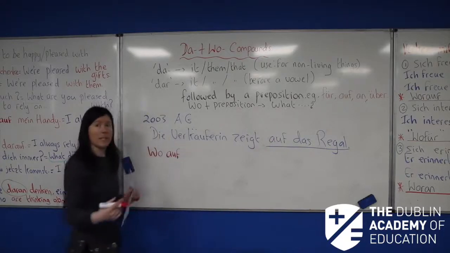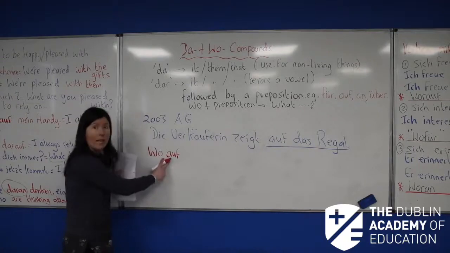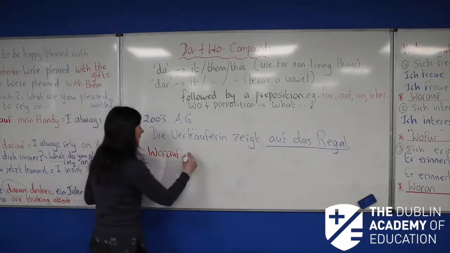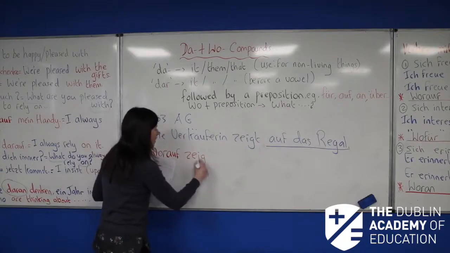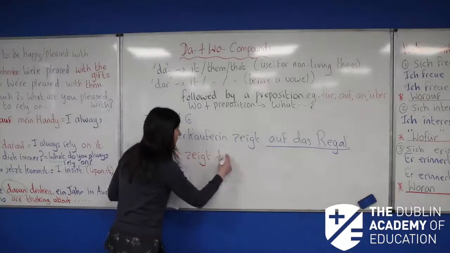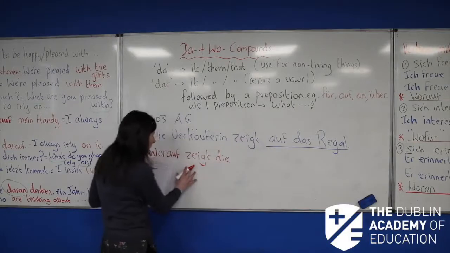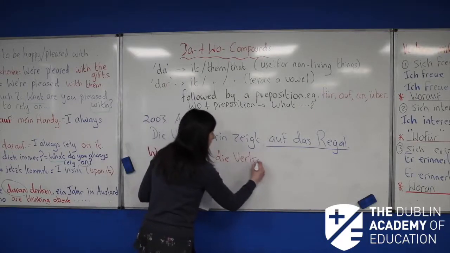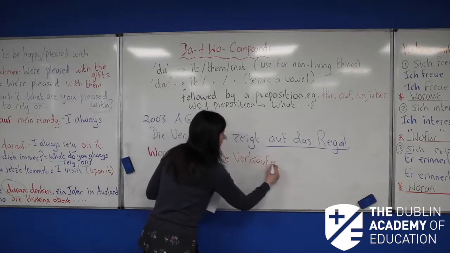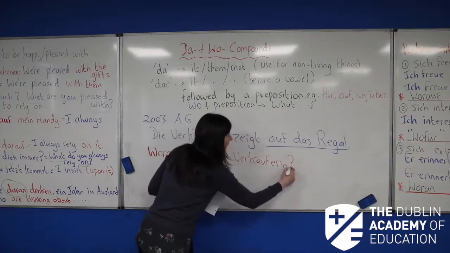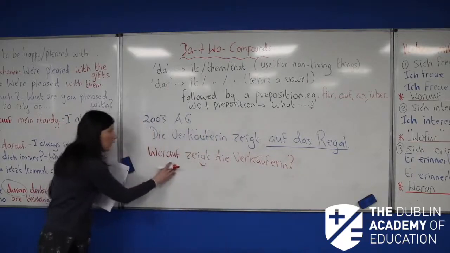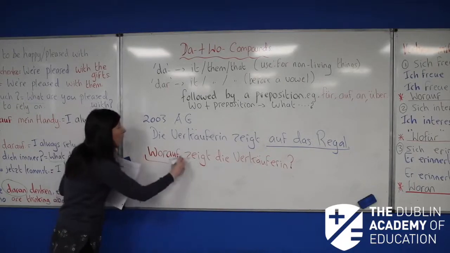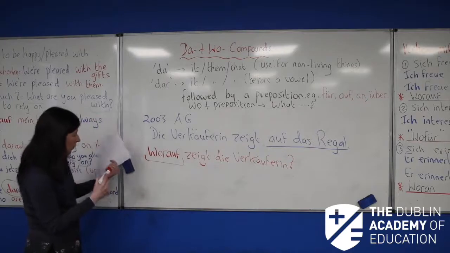Then I have to ask myself, okay, it starts with a vowel. Do I need to put in an r? Yes, I do. So it's worauf zeigt. And to finish out the question, you use your verb next, zeigt die Verkäuferin. So again, German will say literally to what does the sales assistant point? Okay, we would say in English, what does the sales assistant point to?